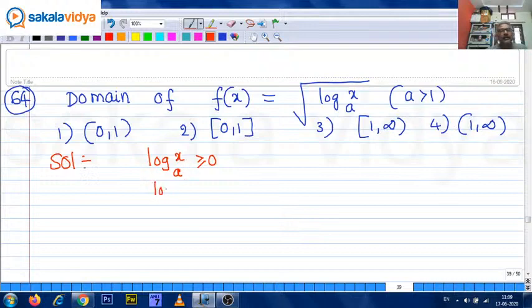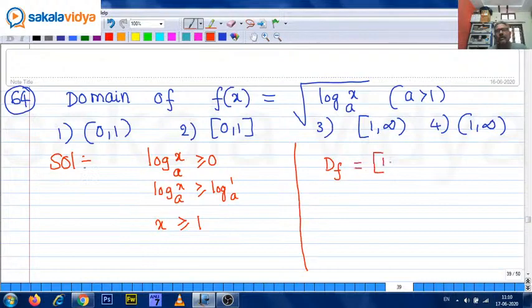We can write log x to the base a greater than or equal to log 1 to the base a. Therefore, x must be greater than or equal to 1, which means domain of f is closed 1 to infinity. So the third option is the right option.